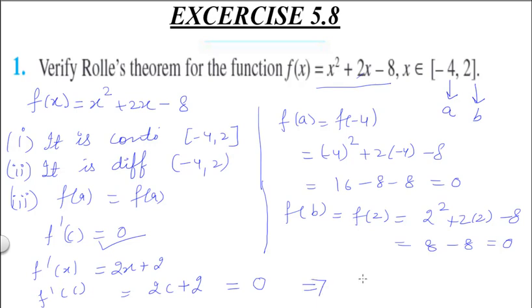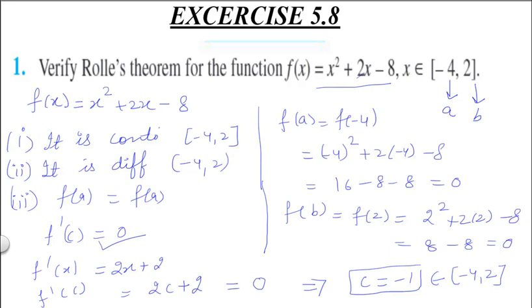Hence to find c, we get the value of c as minus 1. Does minus 1 lie between minus 4 and 2? Yes. So c belongs to minus 4 comma 2. So we say c is that real number in the interval a comma b at which f dash c will become equal to 0. This is how you will be applying Rolle's theorem.